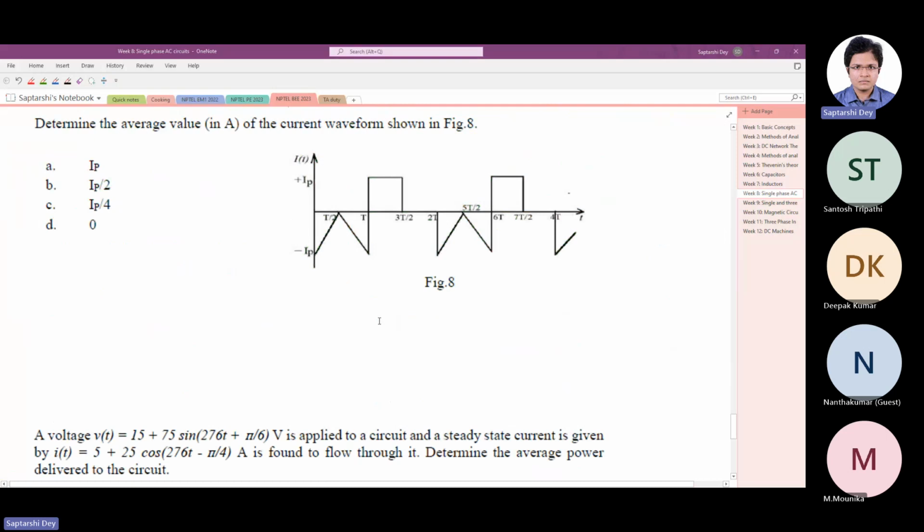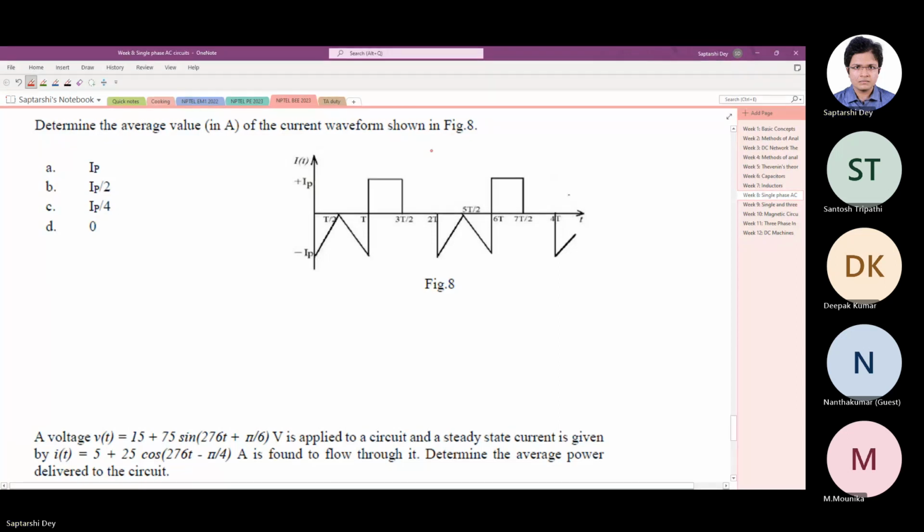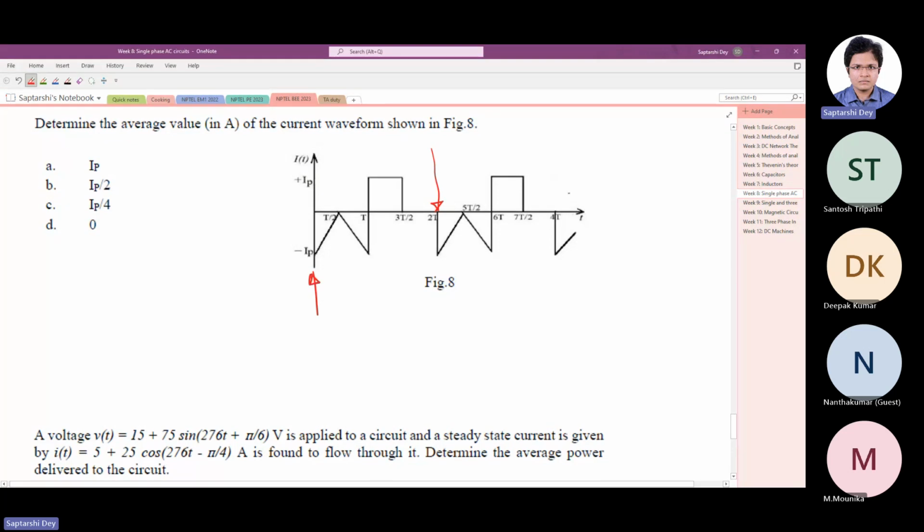Question is: determine the average value of the current waveform. So we need not do the average for the whole thing because it's periodic. We'll do it from 0 to this, right? So let us quickly find out the areas.